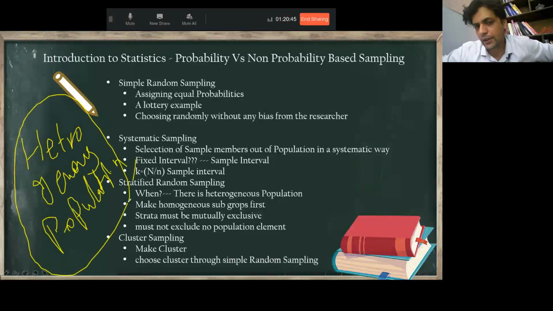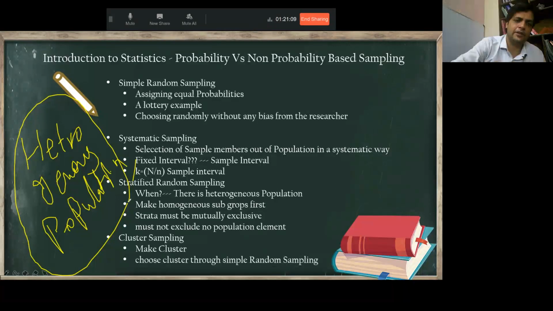So first we define different homogeneous groups. These people belong to the taxi driver strata, these people belong to the teacher strata, and these people belong to the artist class. So we build homogeneous groups, homogeneous strata, from a heterogeneous population.